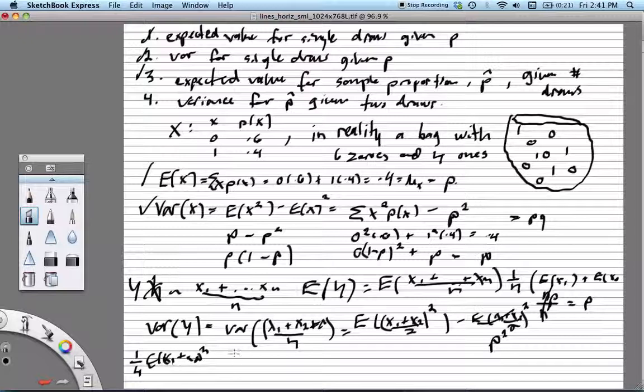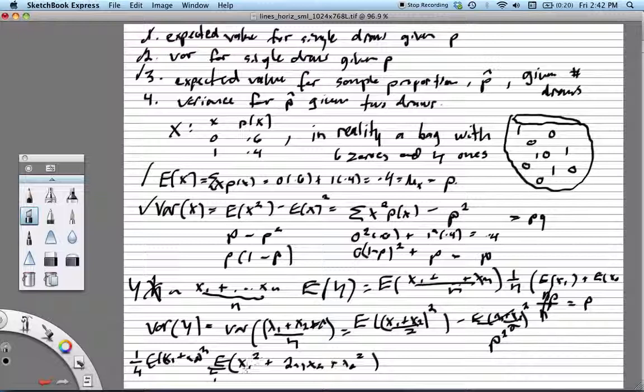Okay, let's just deal with what's inside the parentheses here. We have x1 squared plus 2x1x2 plus x2 squared. And we need to take an expected value of all of that and divide it by 4. Okay, expected value is going to distribute across. We've already seen the expected value of x1 squared, right?